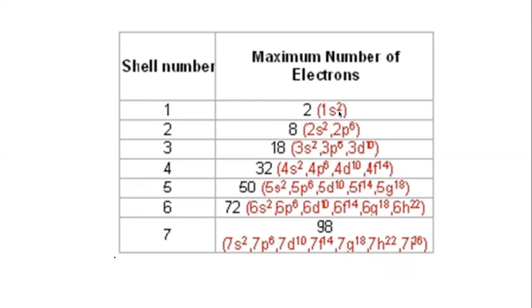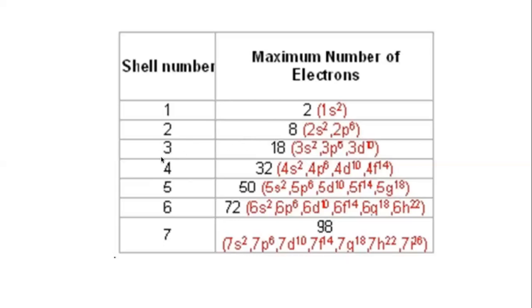Always we'll have 2 electrons in it. Next, we'll go to our second shell, and the second shell can hold 8. Remember, the second shell has S and P subshells in it. So we can have 2 here in our S subshell, and we can have 6, always 6, in our P. 2 plus 6 is 8.